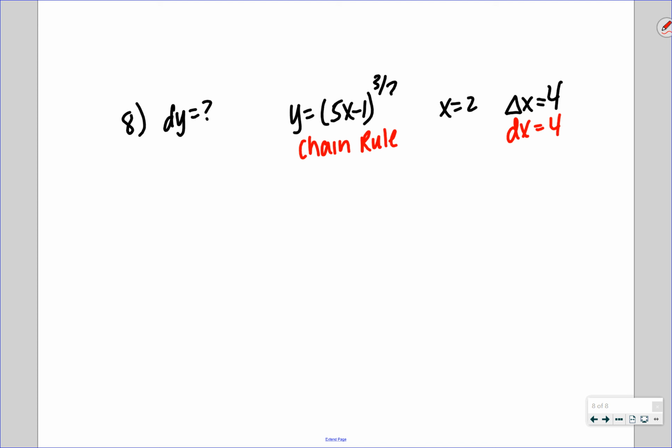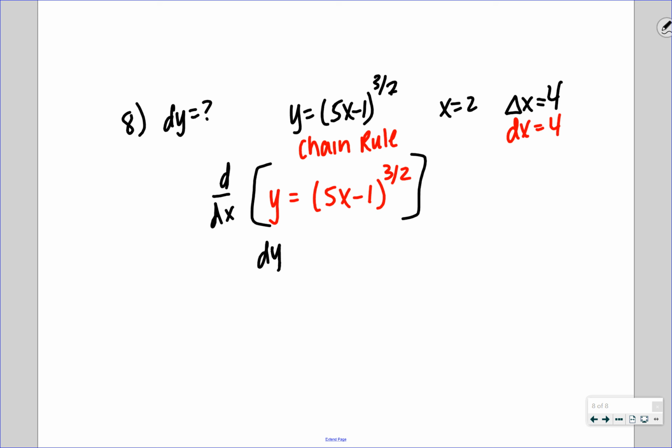So when I derive 5x minus 1 to the 3/2 power, I'm going to derive this whole thing. I get dy dx equals, bring my 3/2 to the front, 5x minus 1.